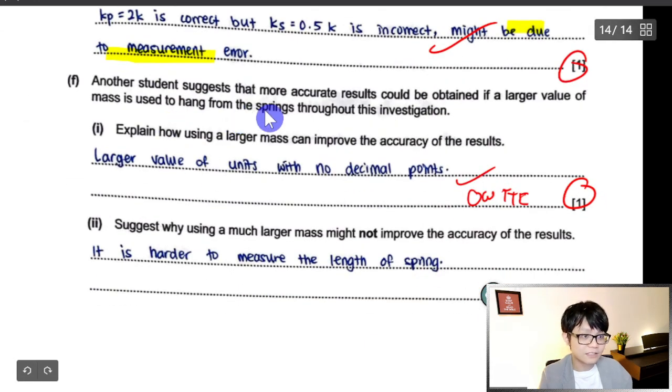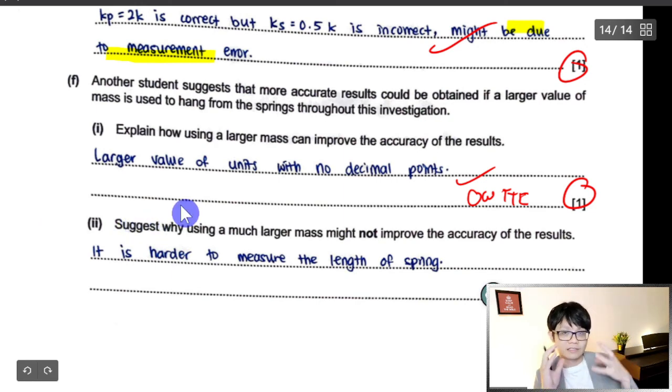Another student suggests that a more accurate result could be obtained if a larger value of mass is hung. Explain how a larger mass can improve the accuracy of the result. So the marking scheme mentions OWTTE, which means words to that effect. So the answer is larger extension reduces measuring error.